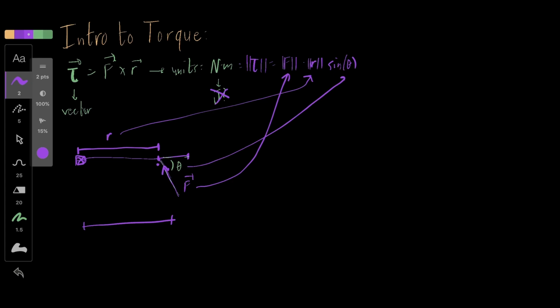Let's say we also can have a seesaw, or what's called in physics a first-class lever, and this is the center point. So if it was here, this wouldn't be the distance. Instead, the distance would be between here and the center.